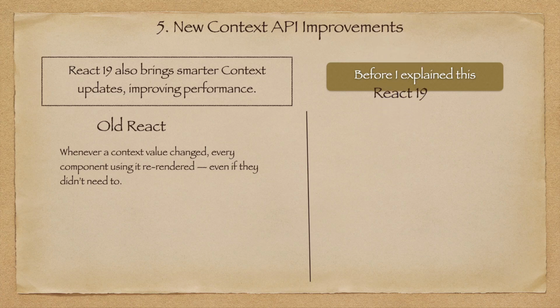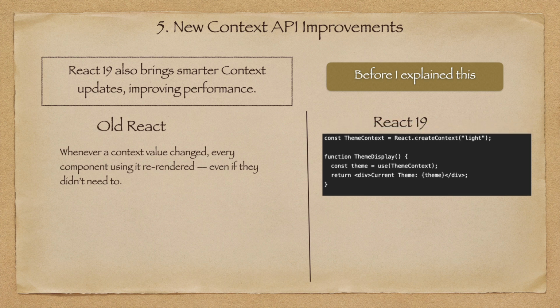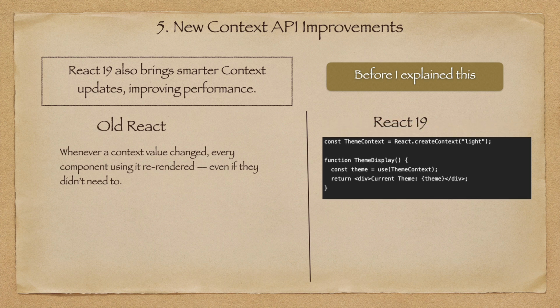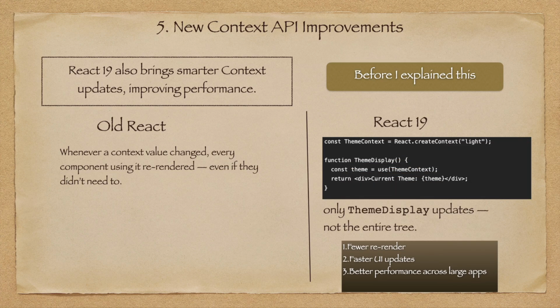When the theme changes, only the theme display updates, not the entire tree. Benefit: fewer re-renders, faster UI updates, better performance across large apps. This makes React even smoother for big projects.